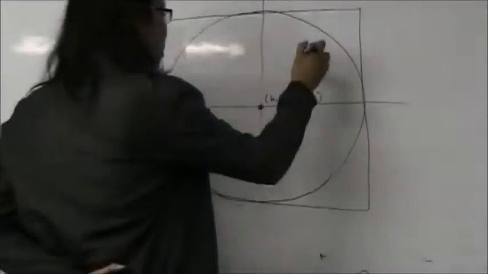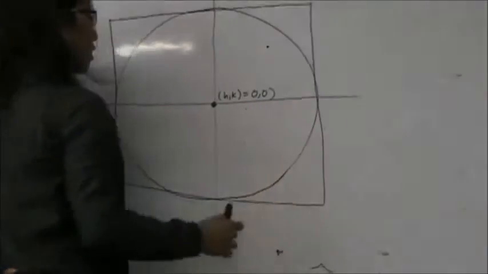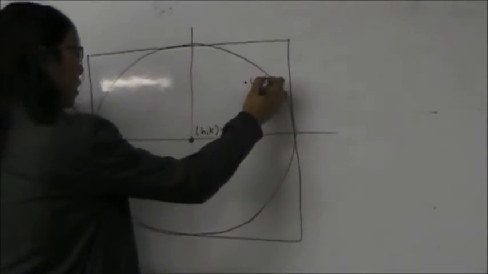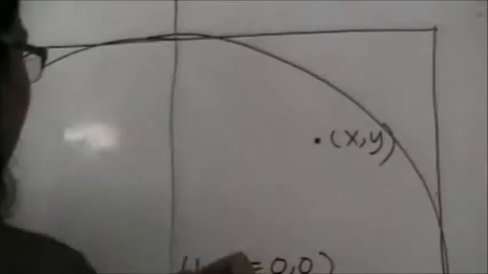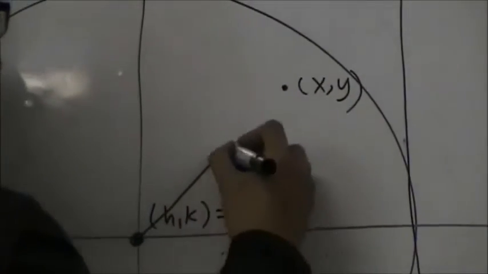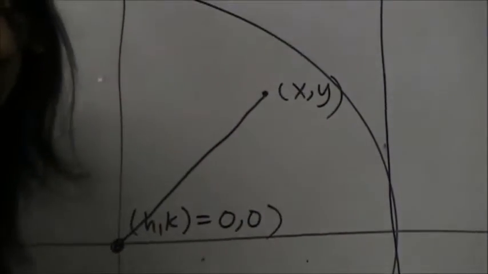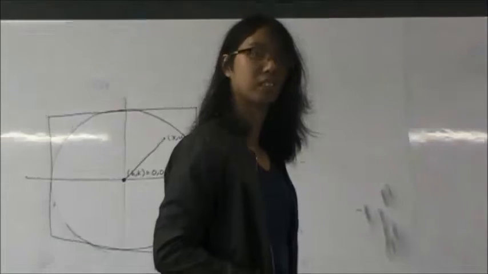Okay, so by doing this, if I have a point x, y, I would now know where it is. I would now know whether it's inside or outside by having this strategy, because I can calculate the distance, and if the distance is less than the radius, I know that it's inside the circle. Isn't that much better?